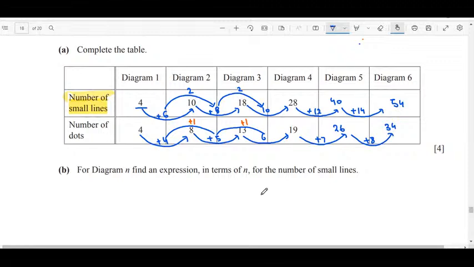Yeah, I see how I got it wrong now. All right. So it would be n squared plus 3n. And this is the expression for the nth term of a quadratic sequence, okay?